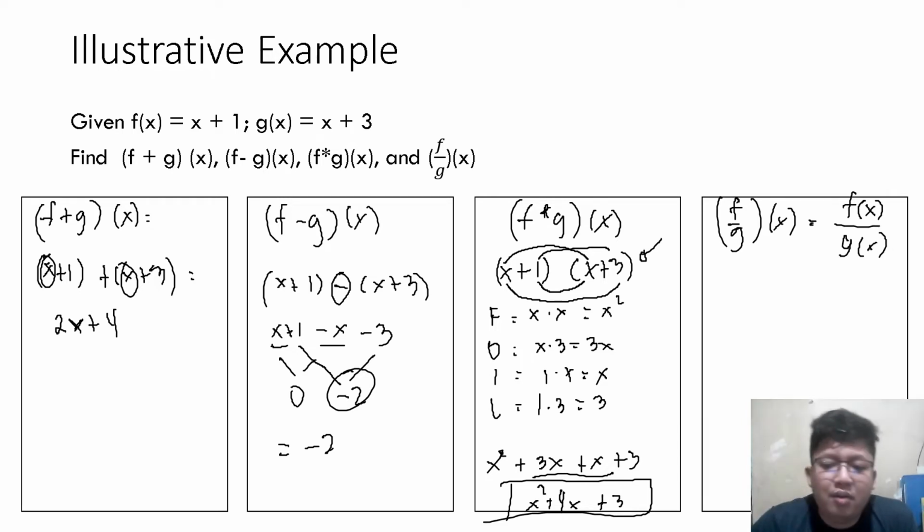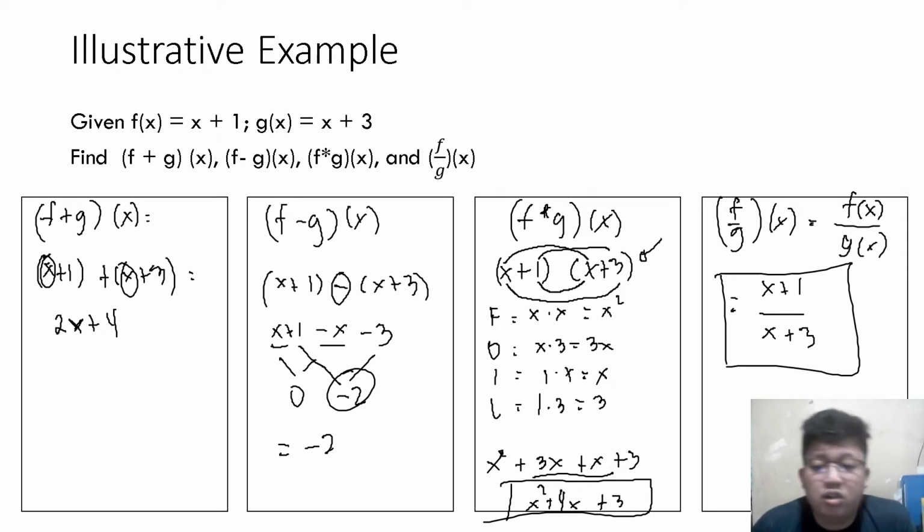Now, based on our given, whenever we substitute the values of this f of x and g of x, we will come up with x plus 1 over x plus 3. And this particular expression doesn't have any way to reduce or to have quotient. Meaning to say, this is the final answer. Okay? So this is how we do operations on functions.